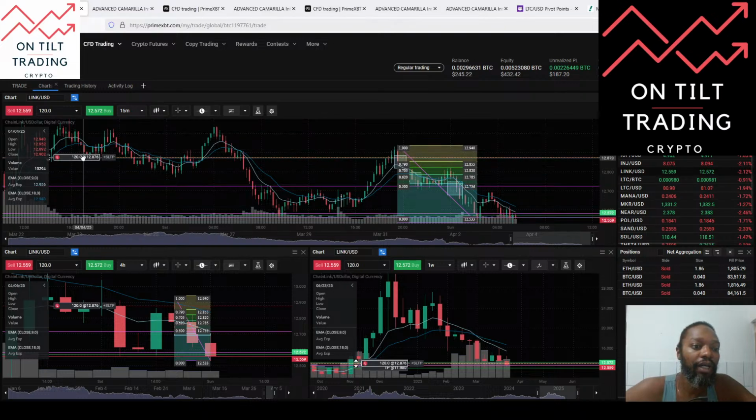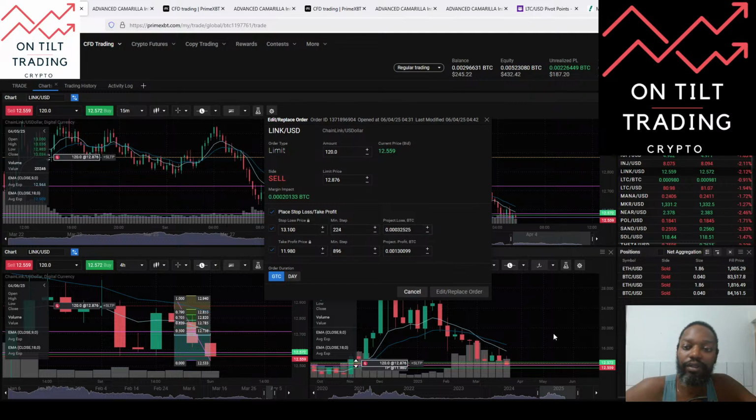So I'll pull up my order, and you can have a look, and you can see here my limit entry here. And this is my stop, and my stop is based off of the high of this 4-hour candle right here.